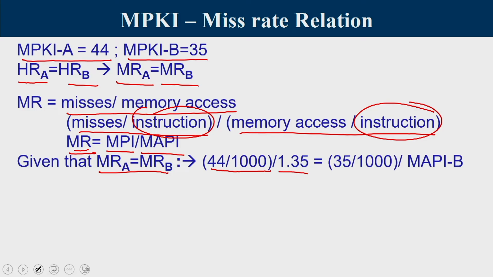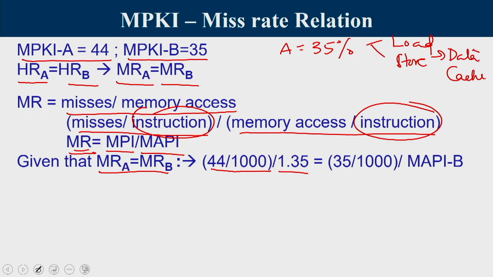Here it has been mentioned that in A, 35% of the instructions are data access instructions. Data access means, as per the instruction pipeline, they are the load and store instructions which are going to touch the data cache. So, 35% of the instructions are either load or store, basically data transfer instructions.